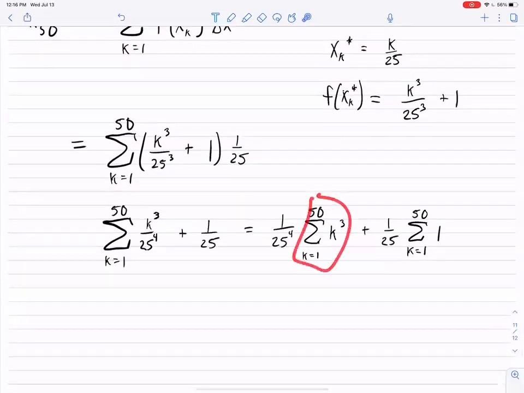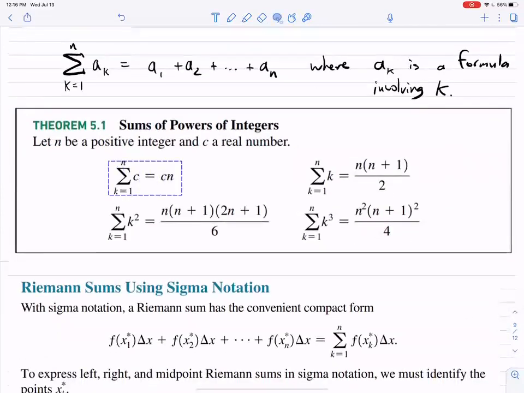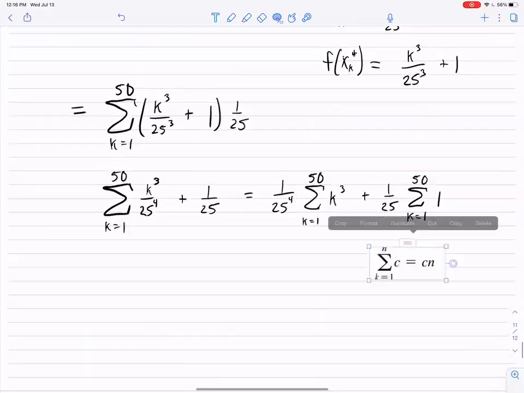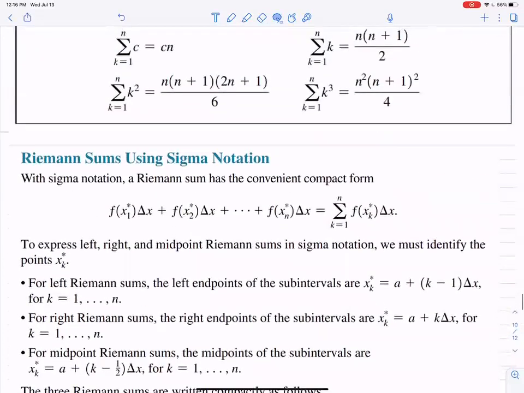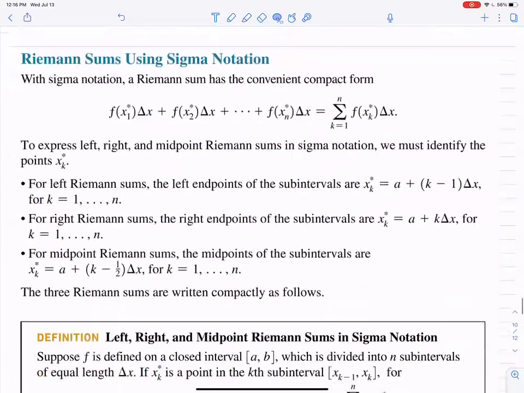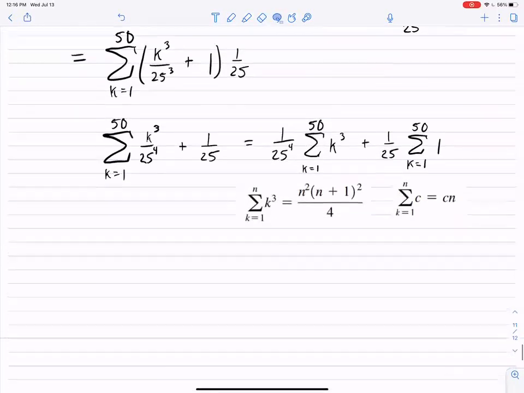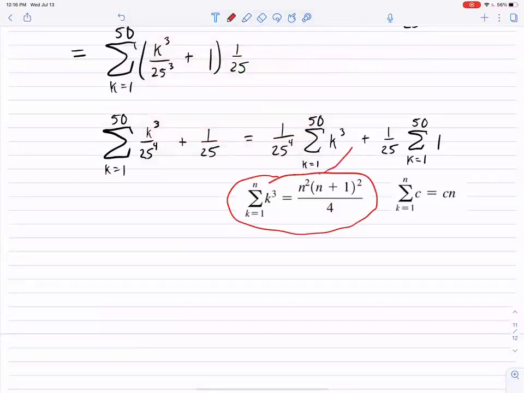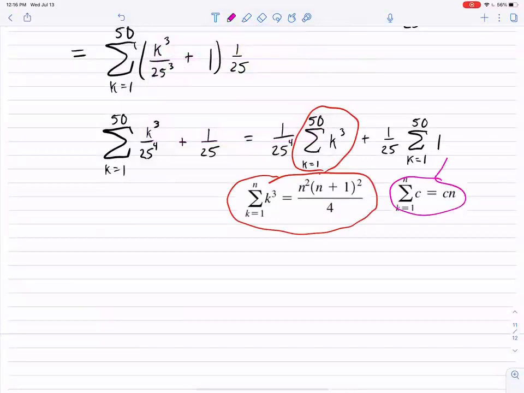Now these two guys, I can use the formulas up here. I should probably copy these. I'll use those formulas to get what these guys are. So this formula right here, I can plug in right here, and this formula right here, I can plug in right there.